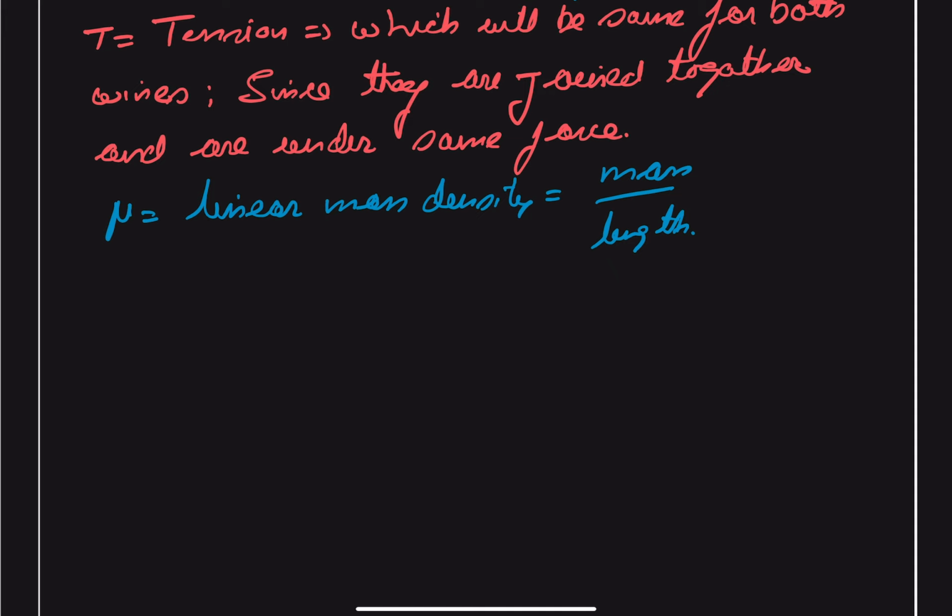No doubt the length is the same, but the mass we can write as density multiplied by the volume. So their volume will be different because of different radii. Density will be the same for both cases.